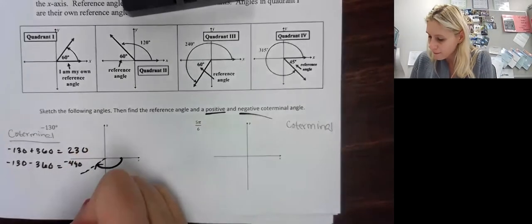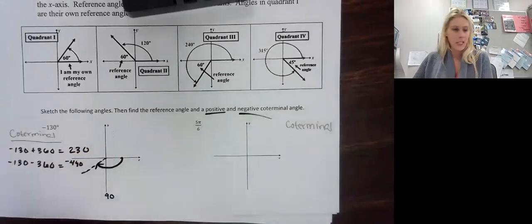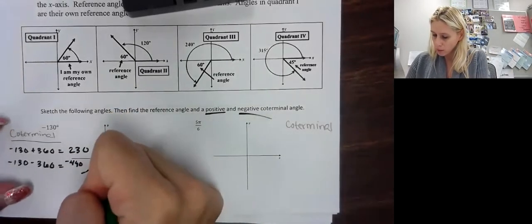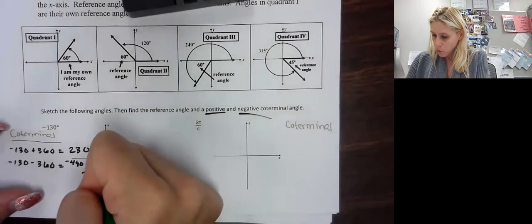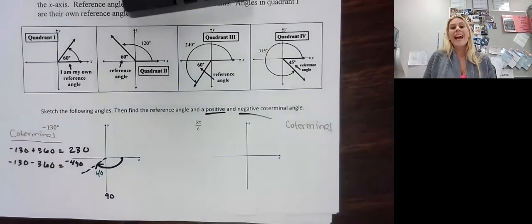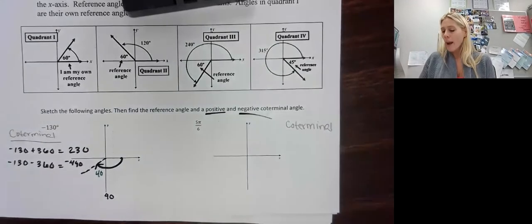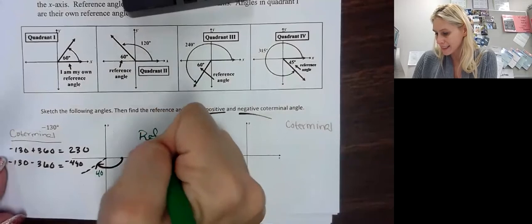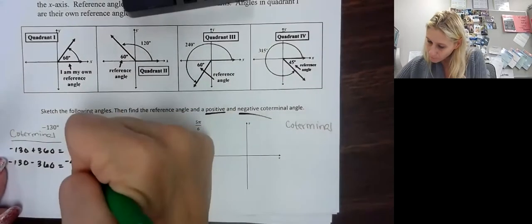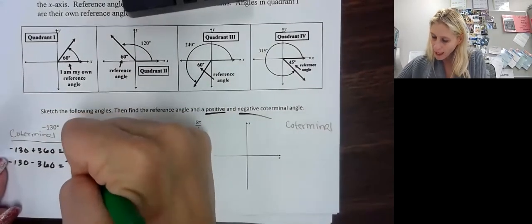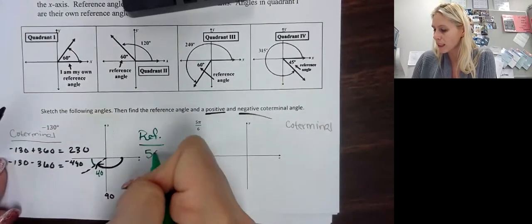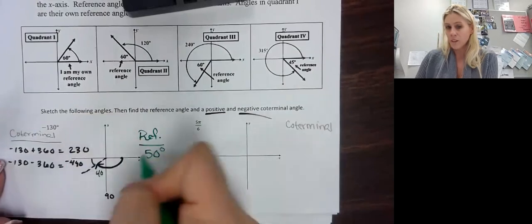Well, think of this. If this is 90 and we went 130, how many more did we go? Well, we went 40 more. But that is not the reference angle. The reference angle comes from where it hits the x-axis. So if this is 40, how much do we have here? We have 50, because remember, each of these quadrants is 90 degrees.